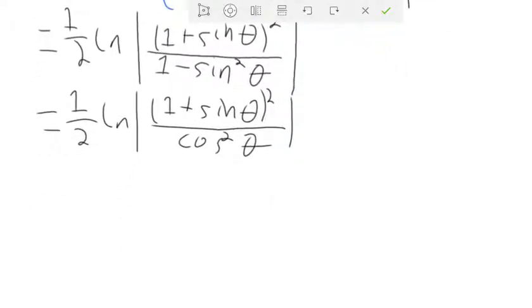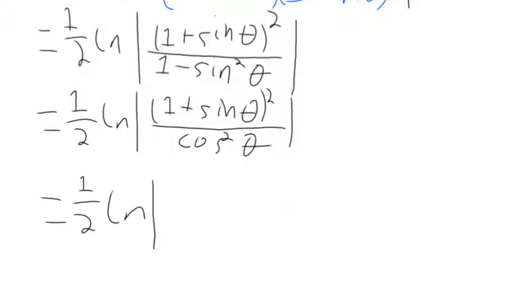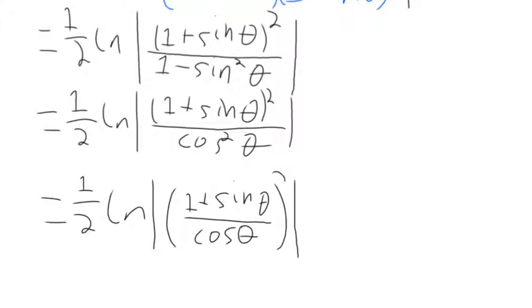So I can write this as the square of a fraction. So this is going to be the same as 1/2 natural log absolute value of 1 plus sine theta over cosine theta, and then squared right here. So, to square the fraction, you just square the top and you square the bottom and you get this.